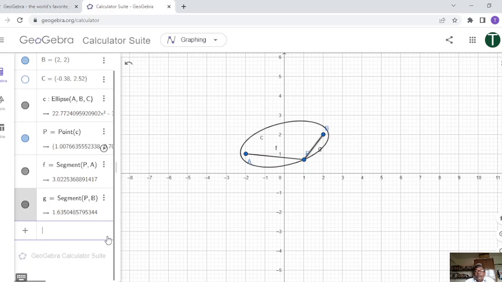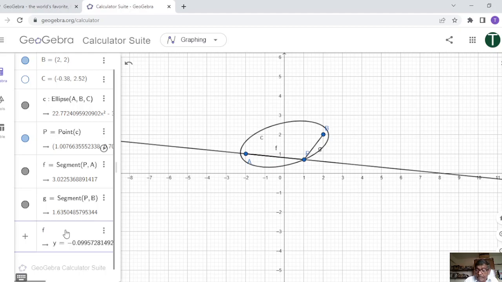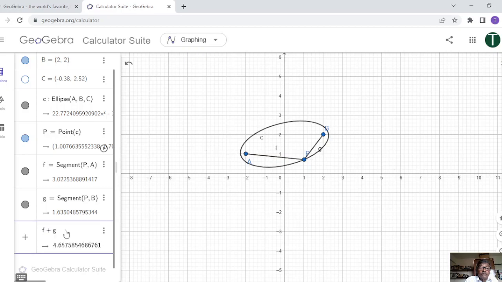Now, what I will calculate is the sum of the lengths PA plus PB. What is the sum of the length? It will be simply F plus G. That's all.